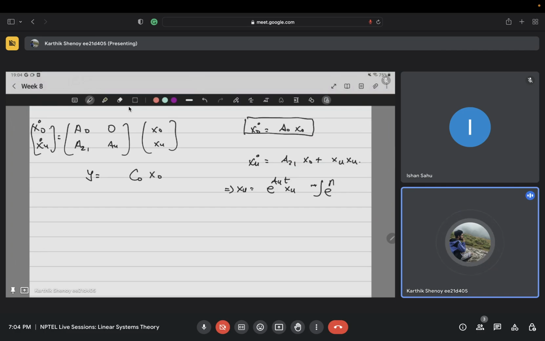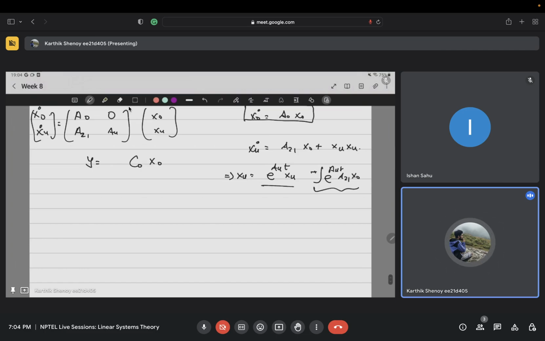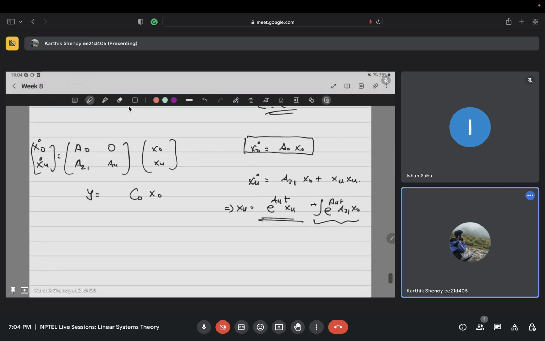e raised to AUT A21 X naught. So this is something like an input to this term, something like a forcing term. Now the problem is, if XU blows up to infinity, then what happens?